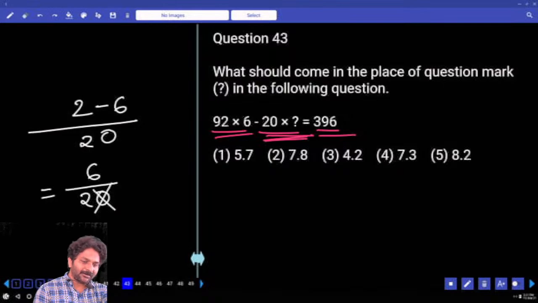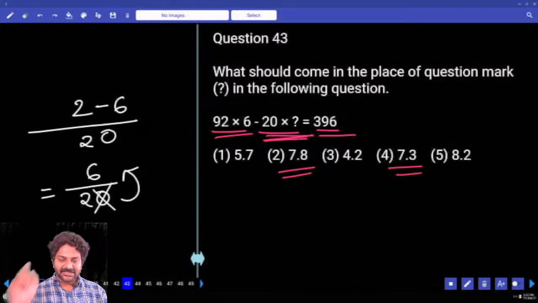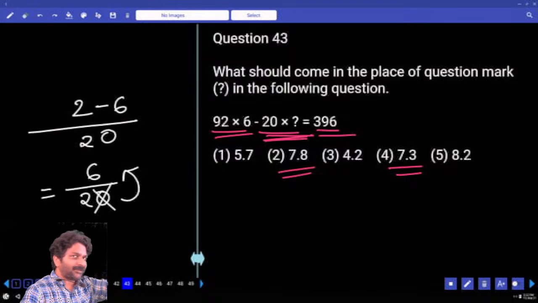Forget about this 0. 2 into which number ends with 6? Either 3 or 8. So that means this is possible and this is possible. Agreed or not? Yes. A denominator lo 0 valla manaki decimal vachindi. Antavaraku clarity vachinda? Last digit verify cheste answer ends with either 3 or 8. 2 options are there.